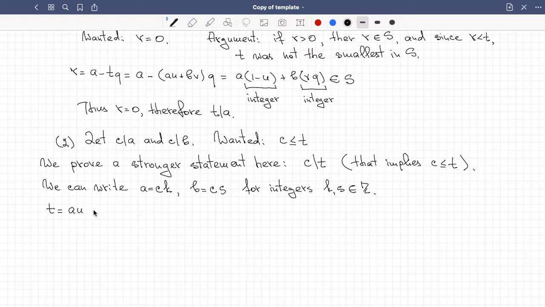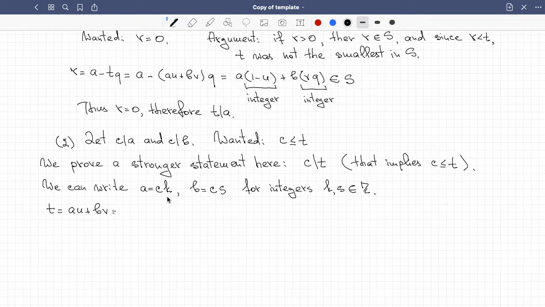A U plus B V with some integers U and V. Every element of S can be written this way, so T included.